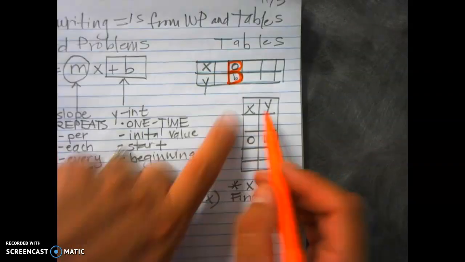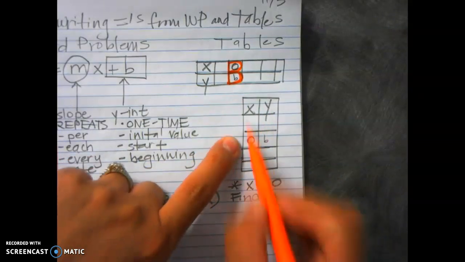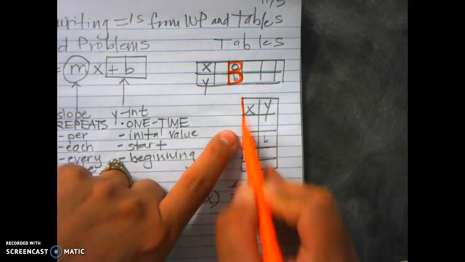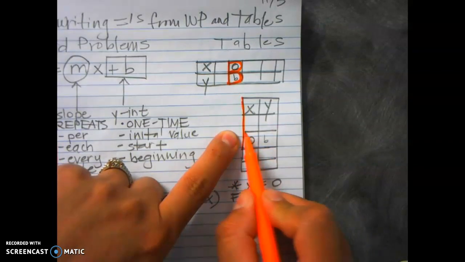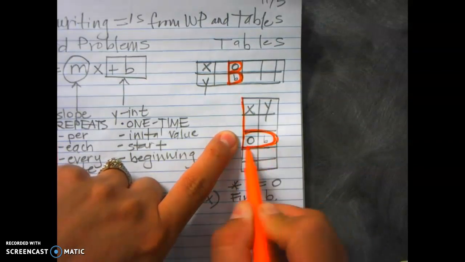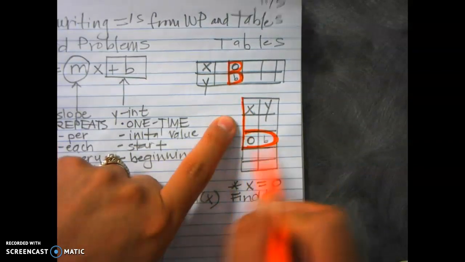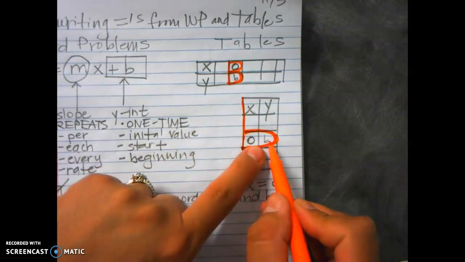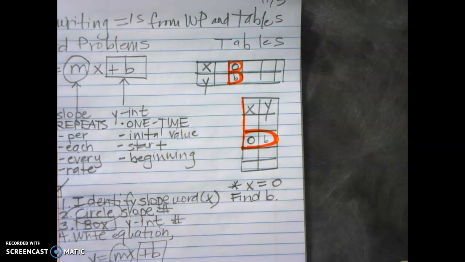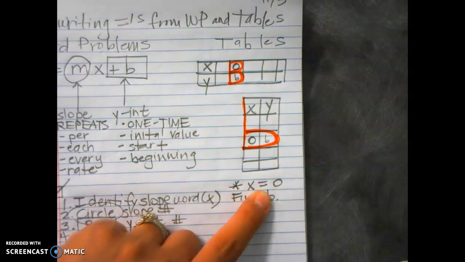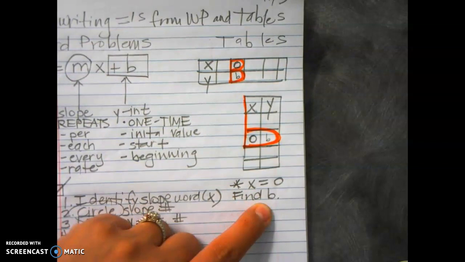Okay, so on a vertical table, once you find 0 on the x, I like to make a lowercase b, so that way you know that you're using that number that's in your y column. So anytime x is equal to 0, you're just going to find the b.